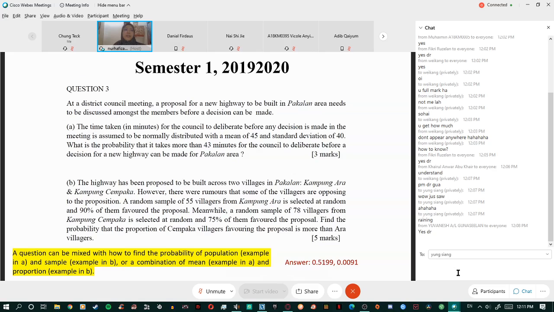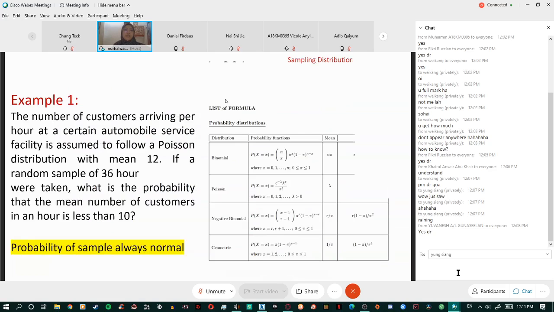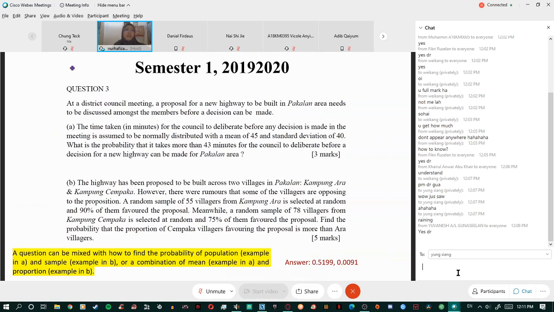For example, in chapter 1, probability of population, for example, x less than 3. In chapter 2, probability of sample, we have x bar, for example x bar less than 3.